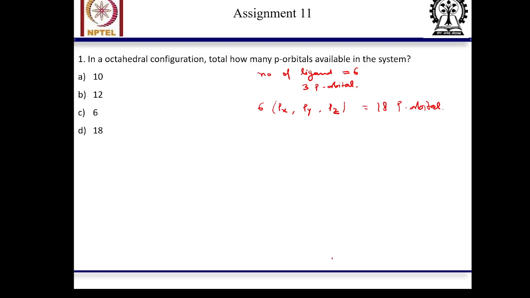If we suppose that the sigma bond falls along the x-axis direction, then py and pz will be utilized for pi bonding.